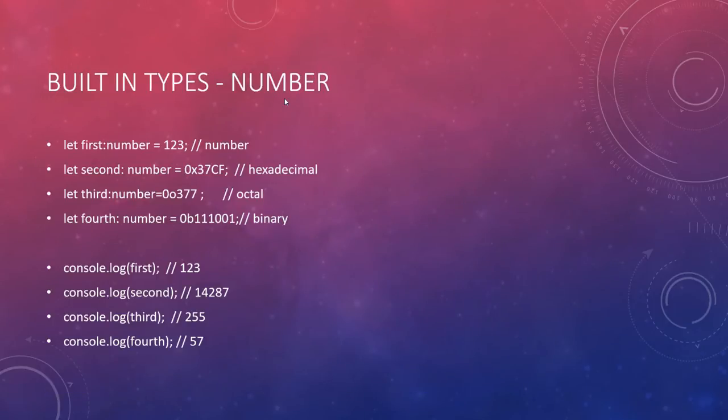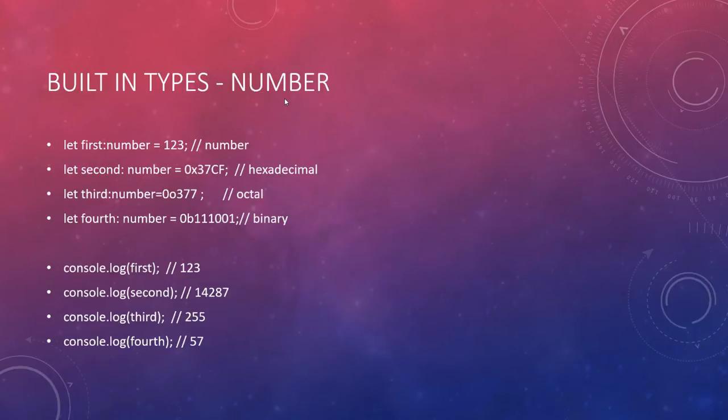Just like JavaScript, TypeScript supports the number data type. All numbers are stored as floating point numbers. These numbers can be decimal, which is base 10, hexadecimal, base 16, or octal, base 8.